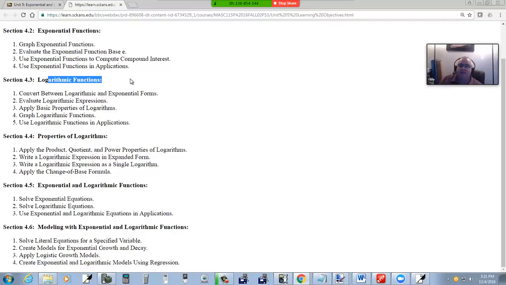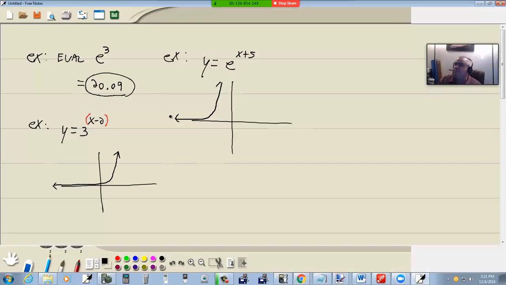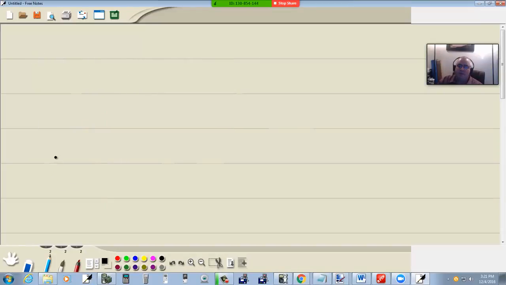Let's take a look at log functions. Now the first topic is to convert between log and exponential form. Now our log form looks like this. We got log, with a little b that's smaller, set down, of q is equal to p.